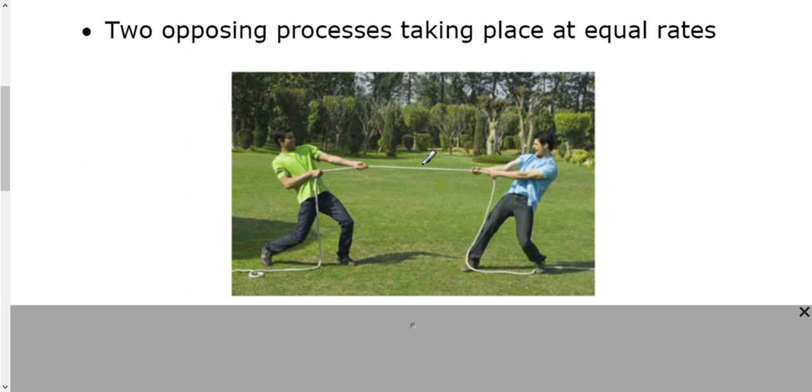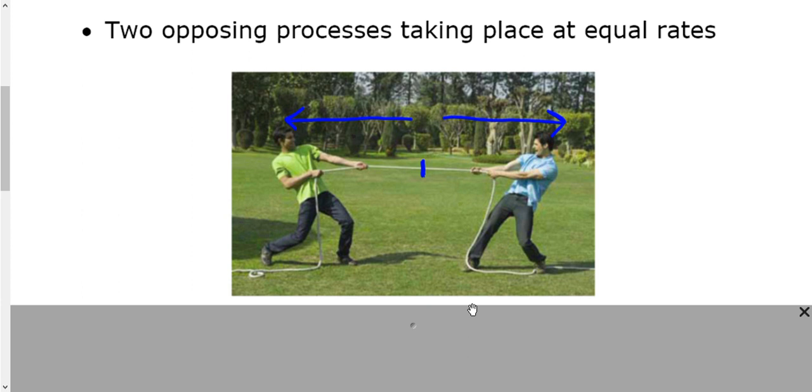And often in tug of war, there's some kind of flag or marker on the rope that shows where the midpoint is. So if we assume that these two guys are pulling with equal but opposite rates on that rope, so this guy's pulling with a force to the right, and the guy on the left is pulling with a force to the left, but they're equal and opposite to one another, the rope isn't going to move, and neither are they.